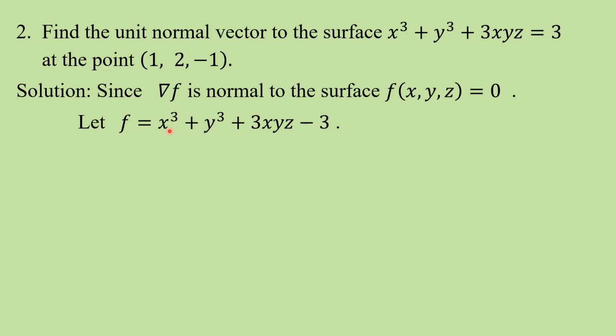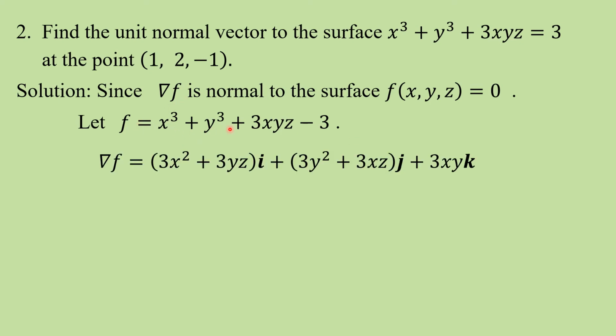Now I just try to find the gradient of this scalar point function. Del f is equal to, I got the answer directly, but how did I get that? Just operating del on f. So what is del? Del is nothing but i ∂/∂x plus j ∂/∂y plus k ∂/∂z.